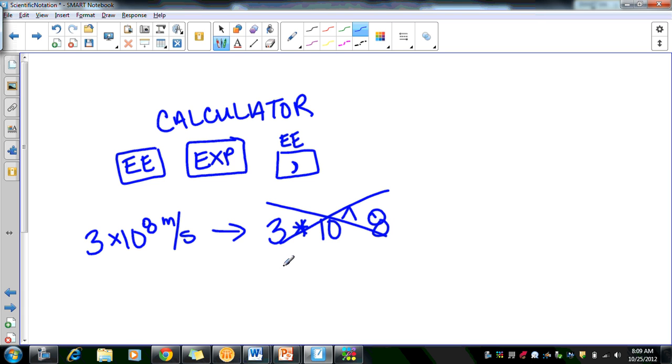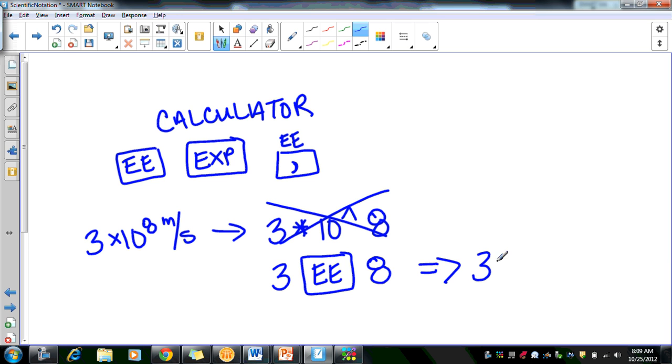So instead, you do 3, EE button, 8. The EE replaces the times 10 caret, so the times 10 to the. And this appears in the calculator as 3E8.